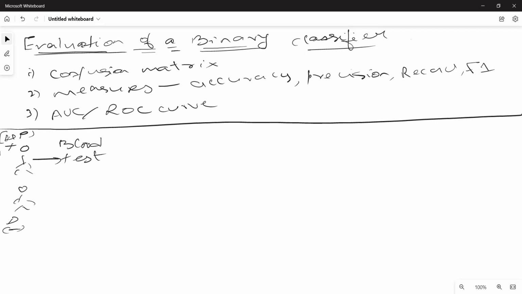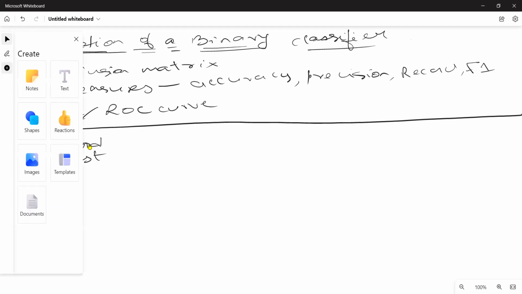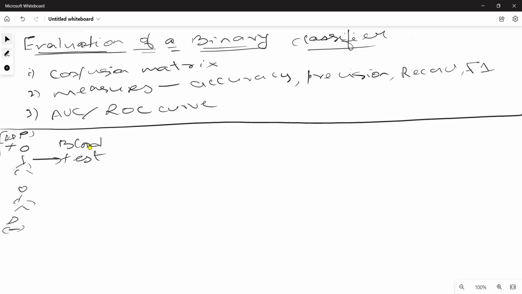Now, when the healthy person is tested for diabetes, what are the different combinations that I can get? Let us write down all those combinations.